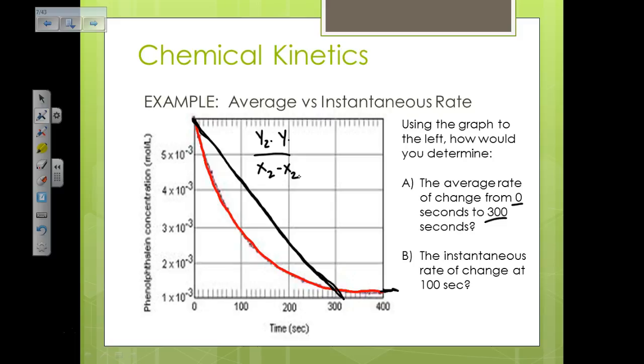These are all ways to determine the slope, but the point is that you can find the average rate of change.